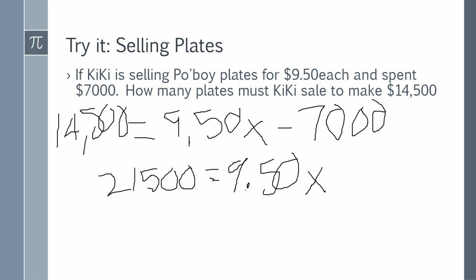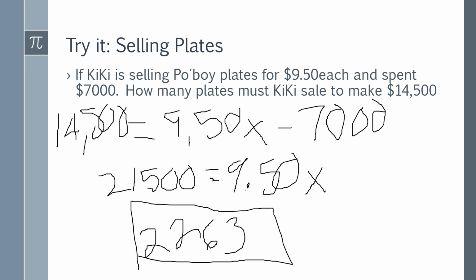And what she needs to sell, and I'm not going to write this out, so Kiki needs to sell 2,263 po' boys. Now, on your test, simply writing that number is not going to solve anything.